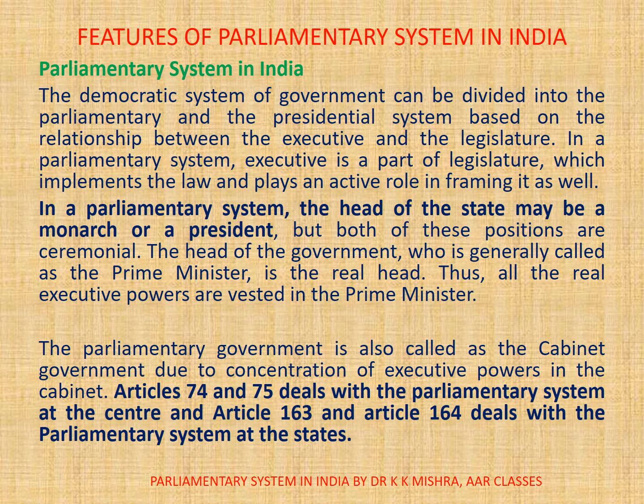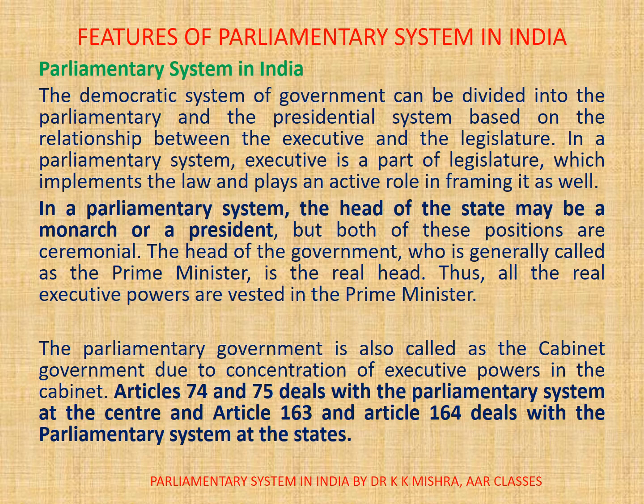Now, as in the beginning of this video tutorial I told you, we will discuss the features and elements of the parliamentary system in India. The democratic system of government can be divided into the parliamentary and presidential system based on the relationship between the executive and the legislature.